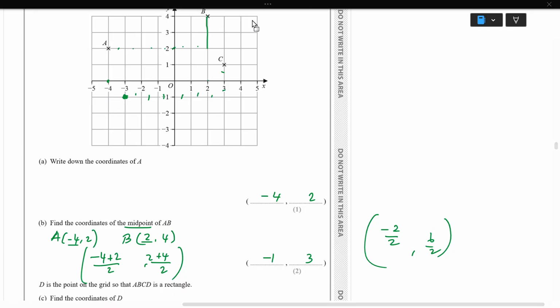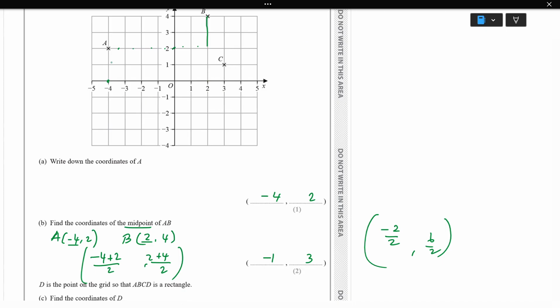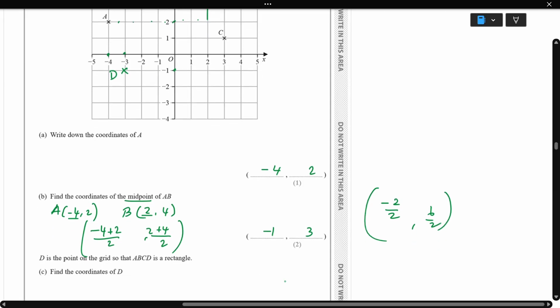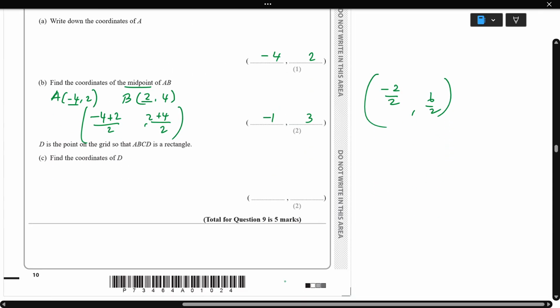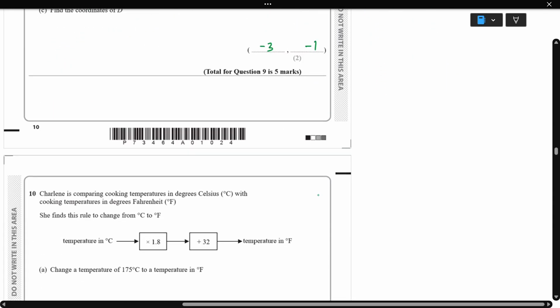So I'll mark here, which is going to be D. So x-axis is going to be -3, y-axis going to be -1. -3 and -1 is the answer here.